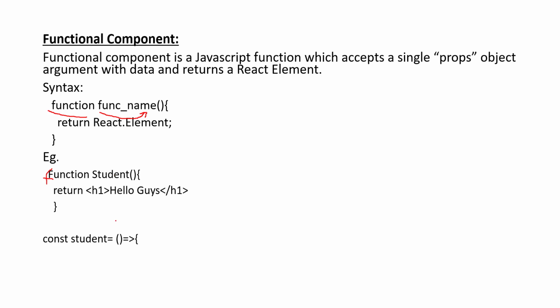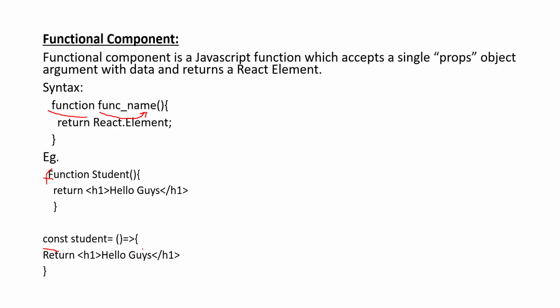The next method of creating a functional component is using const. Const is modern JavaScript. We will use this const method for building a React project. Here const Student, then an arrow function, as it is known in JavaScript, then it will return a React element.